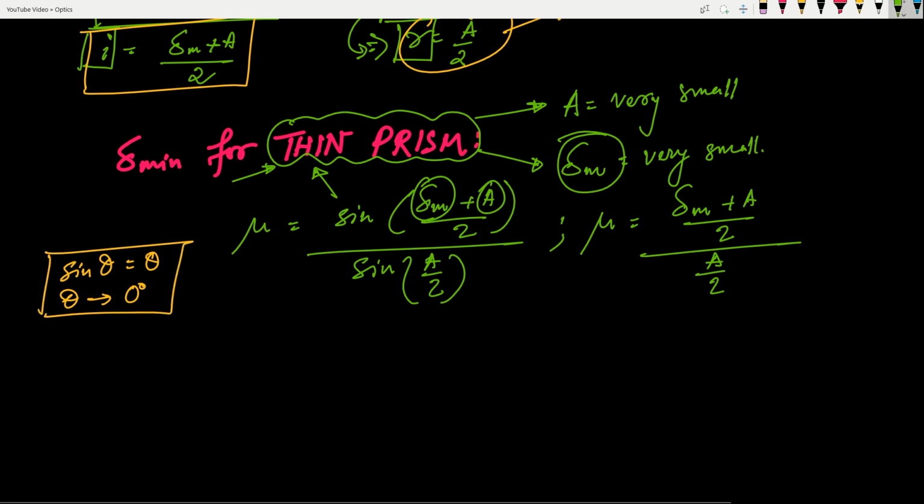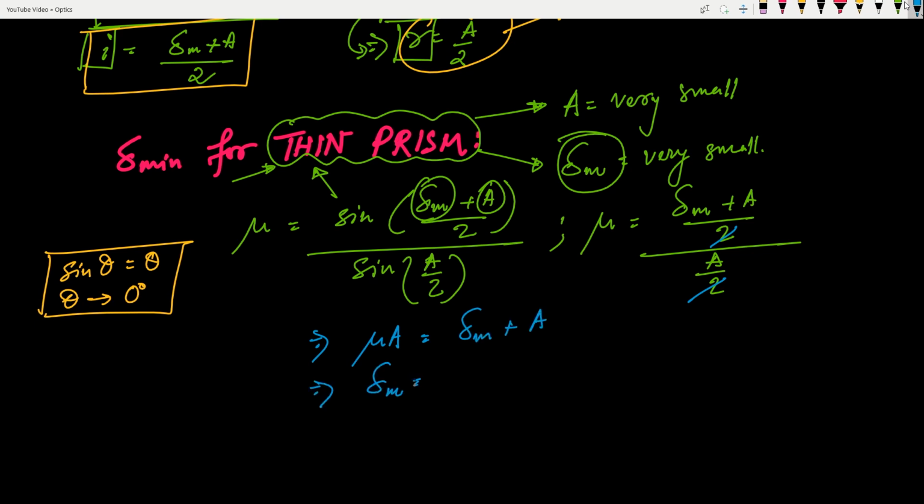Okay, therefore we can now write, arranging this, the 2 got cancelled, and if we arrange the terms, mu A is equal to delta m plus A. Now from here we can write delta m is equal to mu A minus A, or we can say that the minimum deviation angle is, if we take A common, (mu minus 1) multiplied by A. This is another important formula.